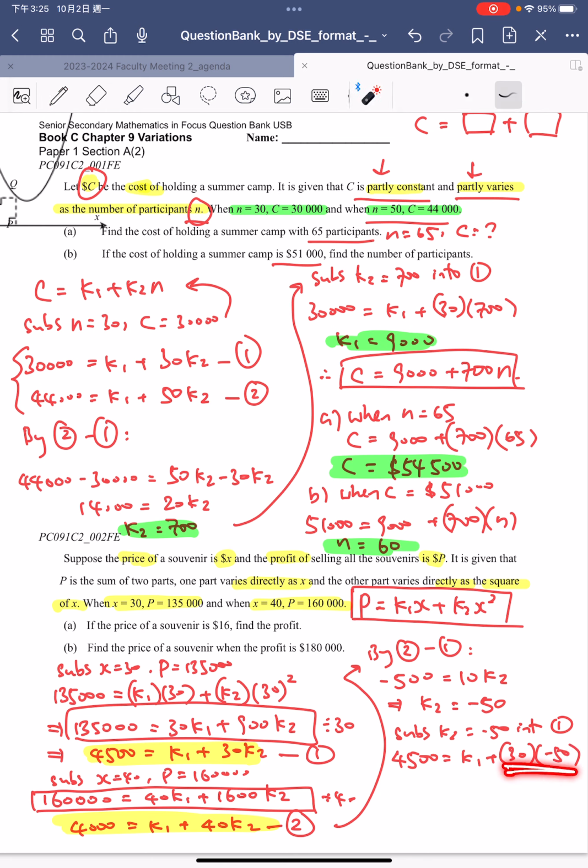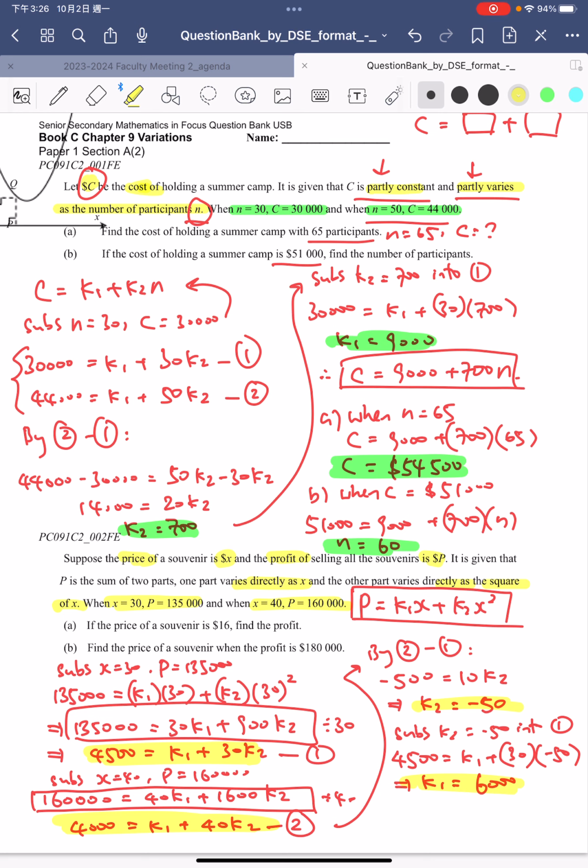So 30 times negative 50 gives you negative 1,500. Moving it to the left-hand side becomes plus, so 4,500 plus 1,500 gives you 6,000. Then our K1 is equal to 6,000. So now we have the values of K1 and K2.